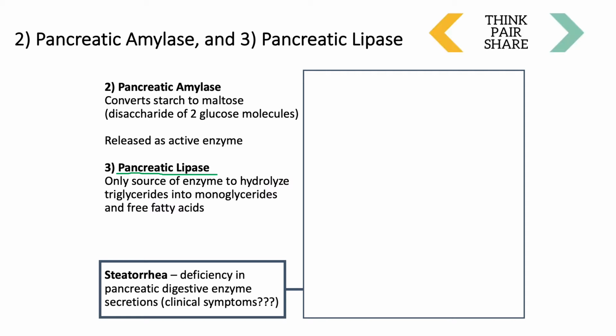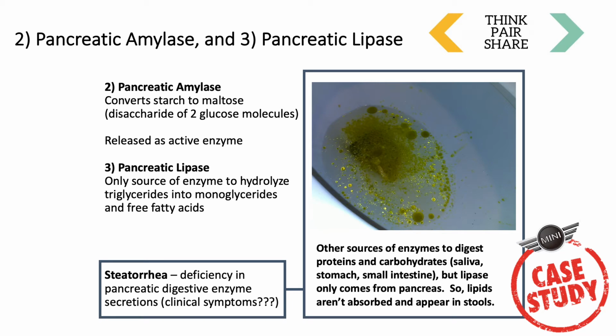For a think, pair, share, what would occur if you had a deficiency in these pancreatic digestive enzymes? How would that present itself clinically? Well, it may present as steatorrhea, and that is the presence of undigested fats floating in the feces.